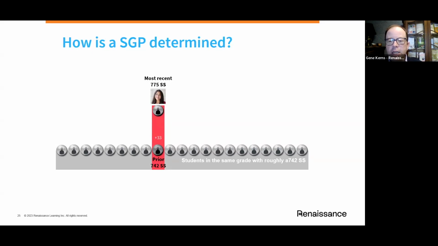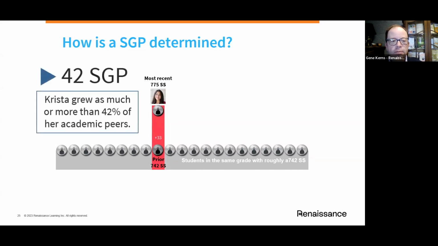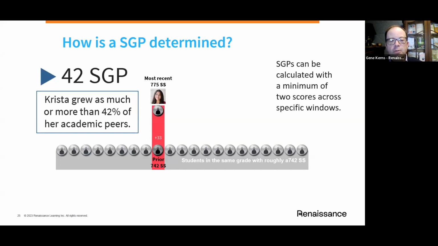We then look at how much she grew. And if we say, for example, that she has an SGP of 42, what that means is she grew as much as or more than 42% of her peers. Okay. So, for example, I'll draw it on here. I'm not the best freehand, but you get an idea.